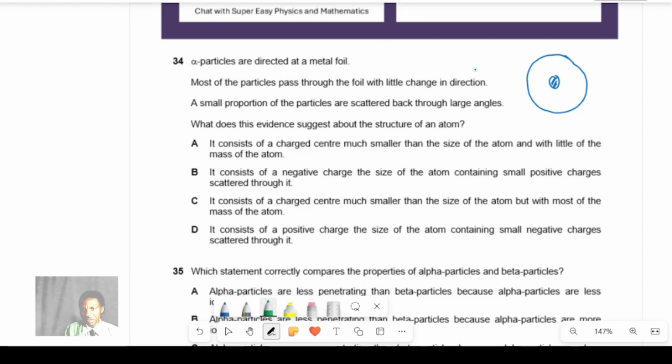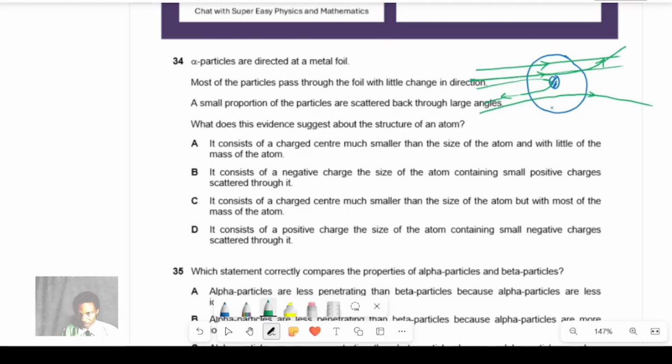So they come here, pass through undeflected, and then these ones return back. Then this one is slightly deflected, and then these ones that come here.